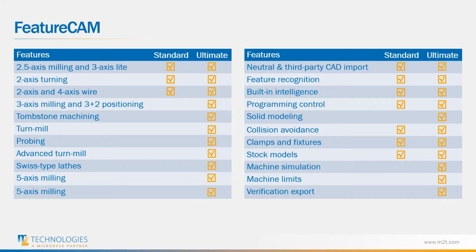Whereas the ultimate gives you all the additional tools, including turn mill, probing, twist type lathes, and 5-axis milling. Also within the ultimate version, you can complete solid modeling within the FeatureCAM tool, as well as using machine simulation, machine limits, and verification export.